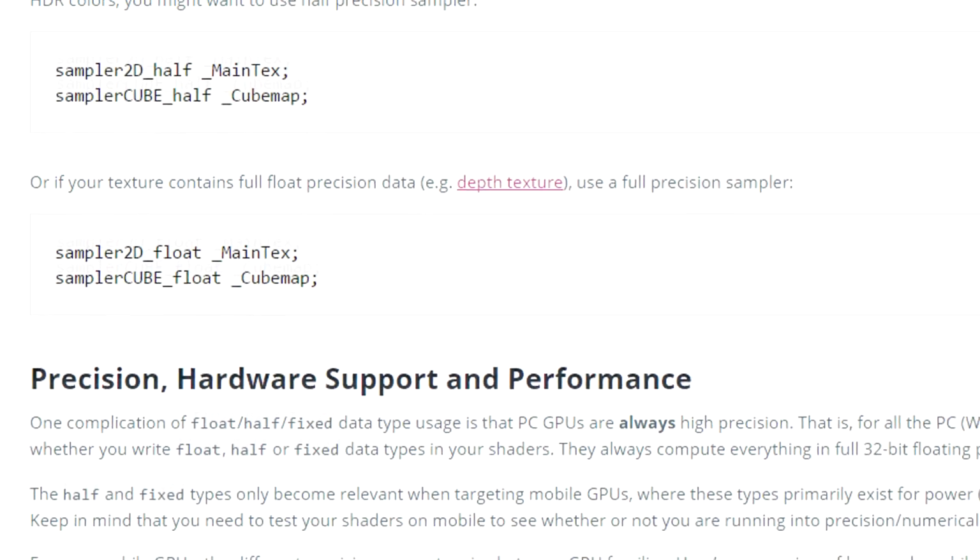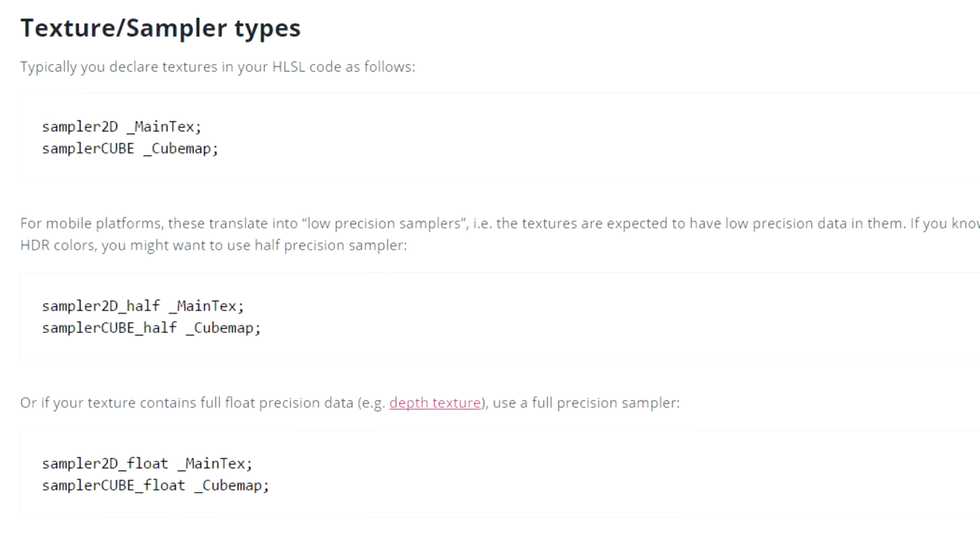So let's now look at how we declare texture variables in HLSL code. You can see we do that by using the variable type sampler2D, if we wish to declare a variable that is a 2D texture, or samplerCUBE if the data we're passing into that variable is a cube map.